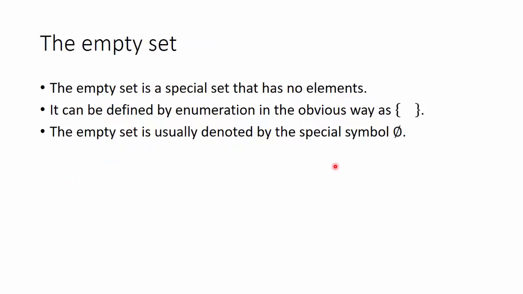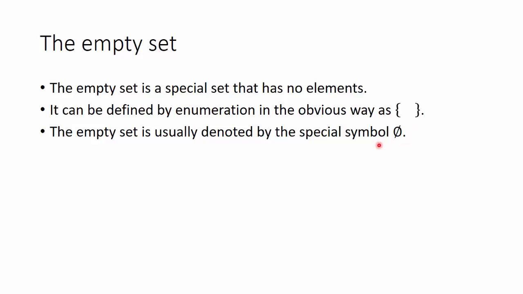There's a special set, and that set is called the empty set. The empty set is special because it has no elements. And it can be defined by enumeration in the very obvious way as a list surrounded by curly braces. Of course, this list is empty because there are no elements in the empty set to list.